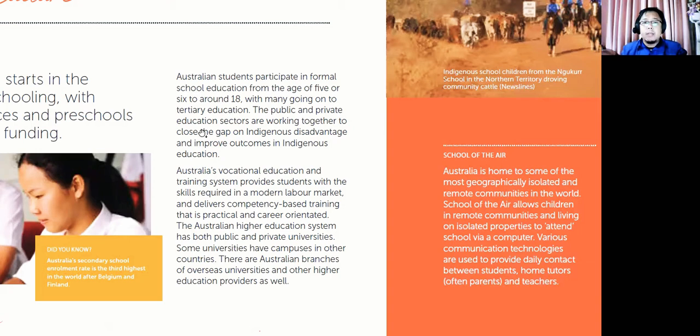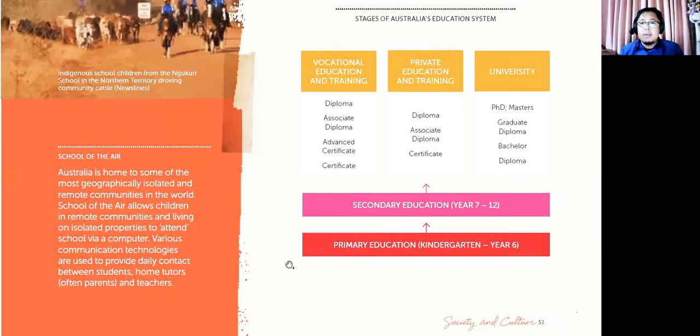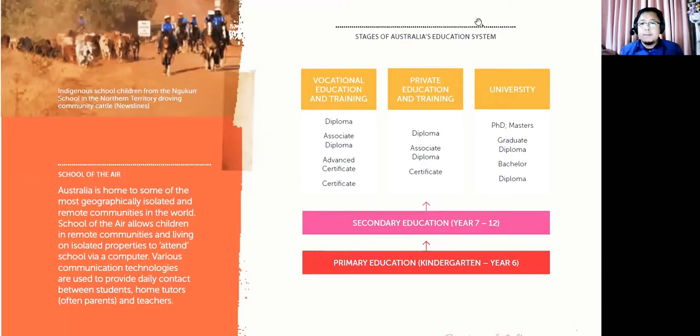Kemudian sektor pendidikan baik itu publik maupun swasta bekerja sama memberikan kesempatan belajar kepada anak-anak di Australia untuk sekolah sampai ke tingkat perguruan tinggi. So, ada sistem vokasional, kemudian training yang sangat membantu pelajar Australia untuk meraih pekerjaan mereka di masa depan. Kemudian at this point we can see this is the system of education in Australia.